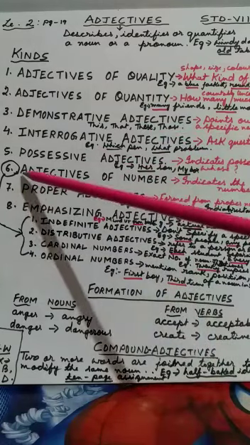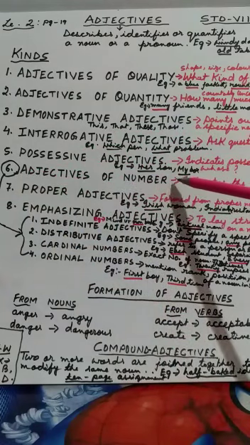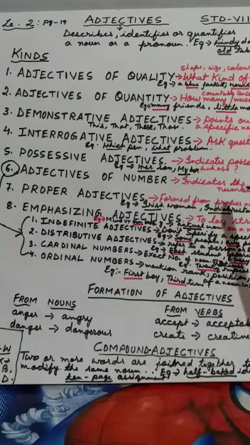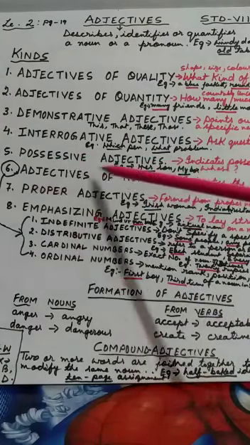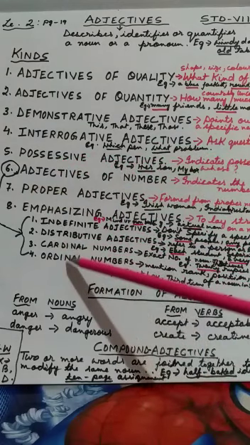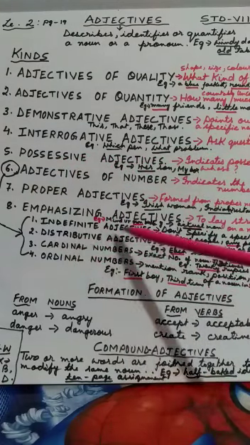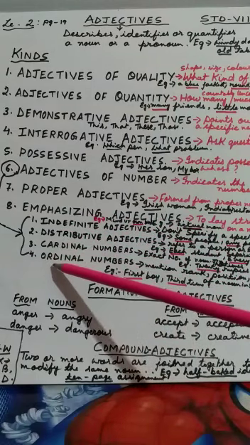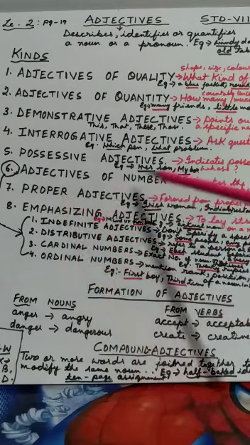Then the sixth one is adjectives of number. Adjectives of number indicate the number of the noun. Now these adjectives of number are again further classified into 4 different kinds. You can see over here these are 1, 2, 3, 4. These all are adjectives of number.